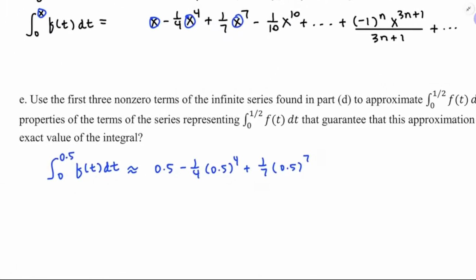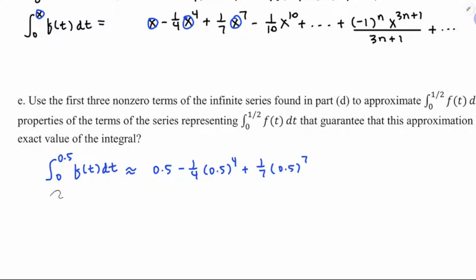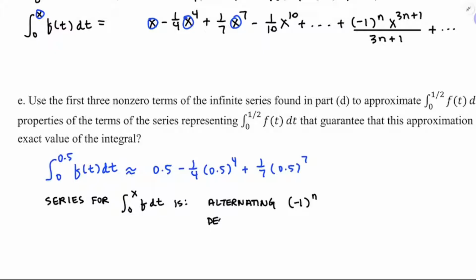So I might say the series that we wrote in part D, the series for the integral from 0 to x of f of t dt, is alternating because of that negative 1 to the n power, and decreasing in magnitude to 0.